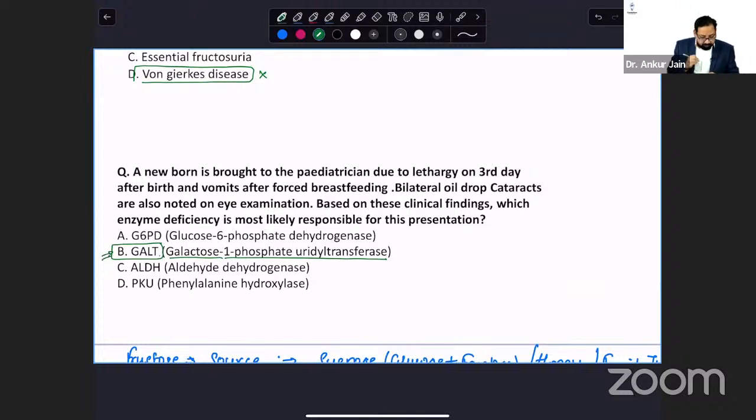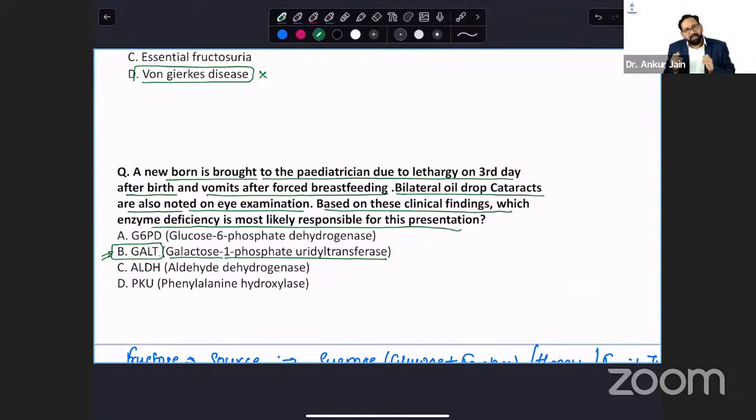So remember this. A newborn is brought to the pediatrician due to lethargy on the third day after birth, vomiting after forced breastfeeding, and bilateral oil drop cataracts also noted on eye examination. Based on these clinical findings, which enzyme deficiency? Simple question.